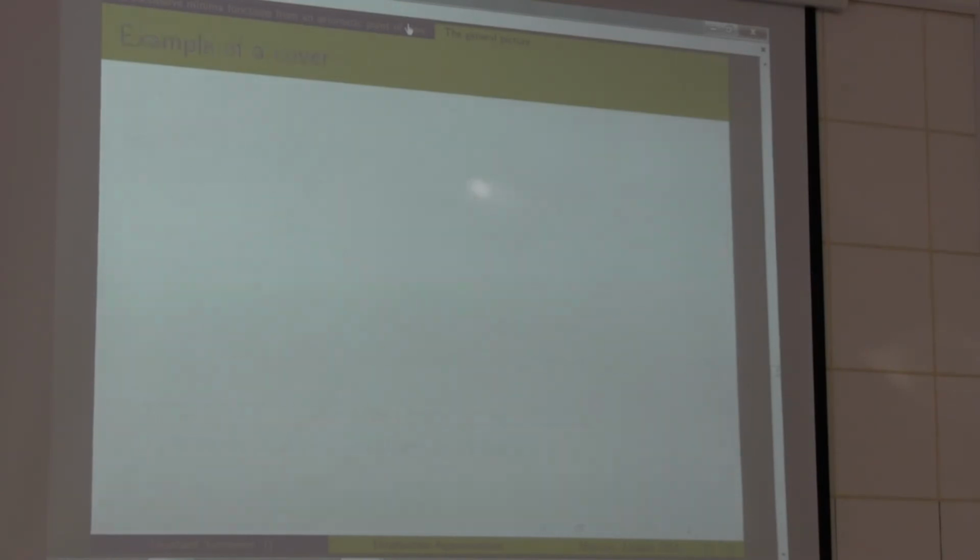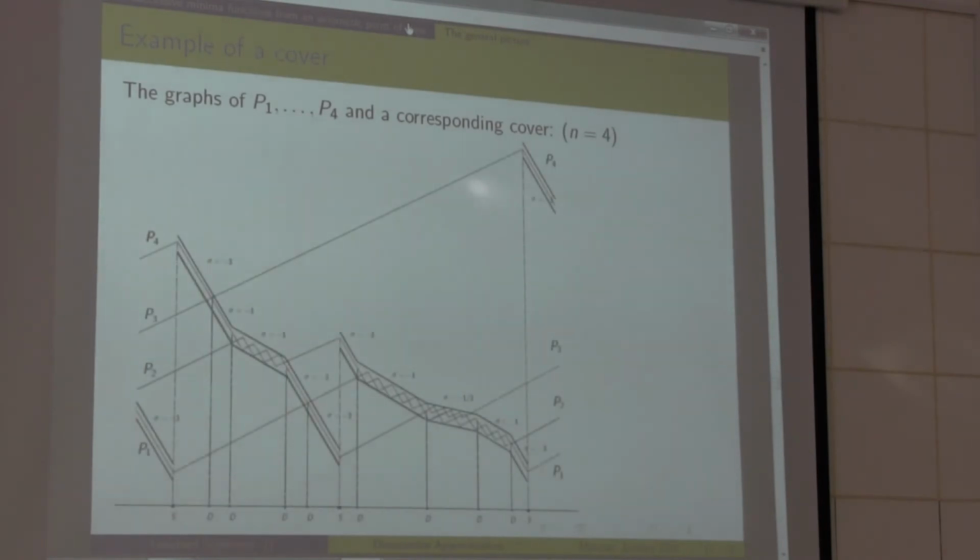Because in the next slide, I have prepared some examples to cover, again in the dimension n equals 4, so we have 4 functions. That looks as follows. So when you look at the picture, everything is as before. Just in some parts, we have frequent intersections of 2, or in this case, 3 of the p sub I. This can get messy.